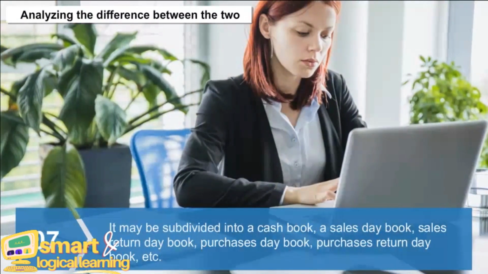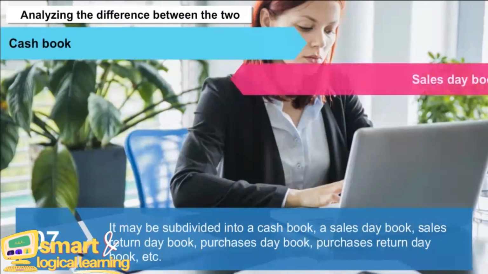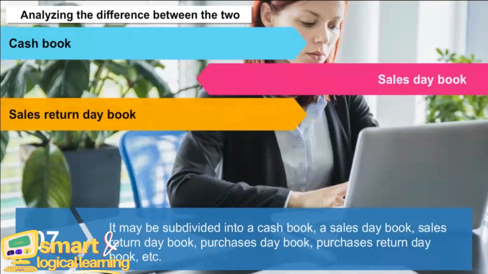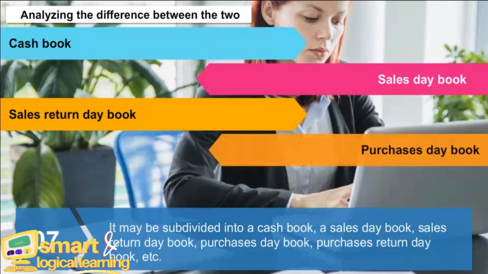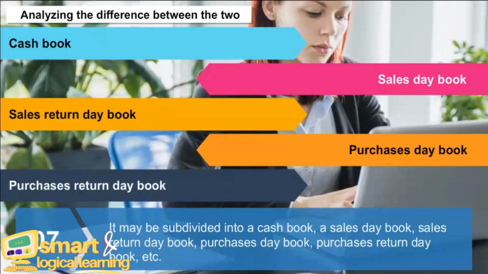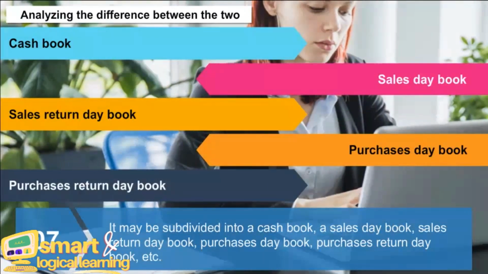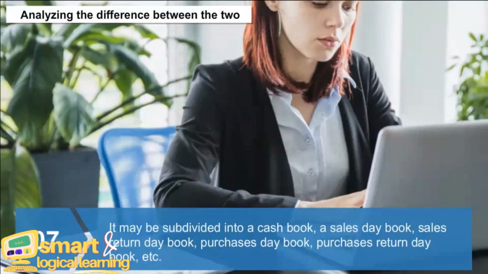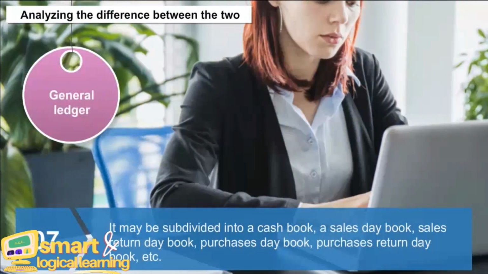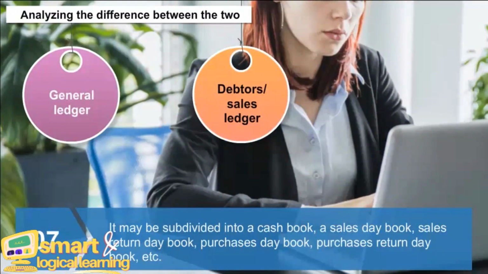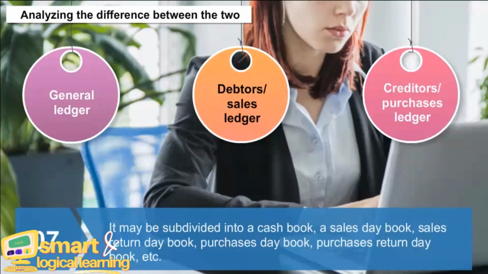A journal may be subdivided into a cash book, a sales day book, sales return day book, purchases day book, purchases return book, etc. However, a ledger may be subdivided into general ledger, debtors or sales ledger, creditors or purchases ledger.